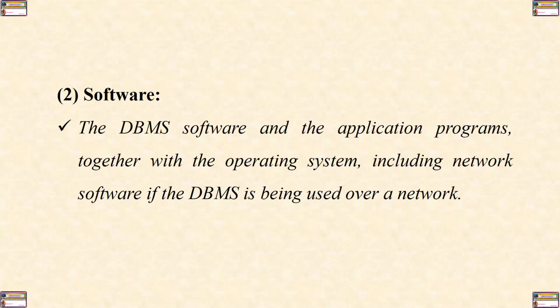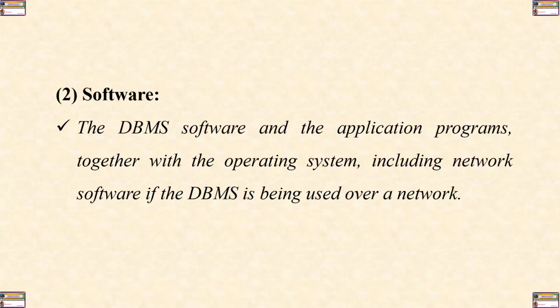So in our case, we are going to make use of Microsoft Access 2016 as our application program. Then we need an operating system in our computer. The operating system that I'll be using for demonstration will be Windows 11. And that's what we are going to require. We don't need the network, but in a networked environment, you can still make use of the network.